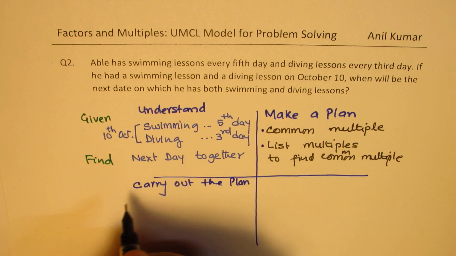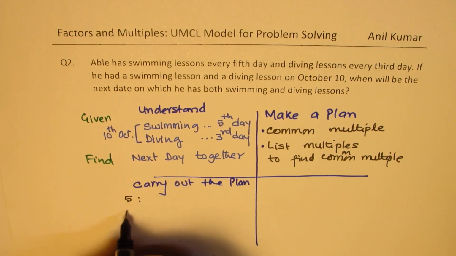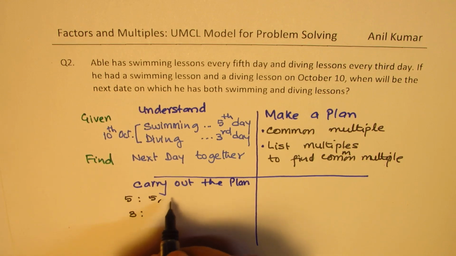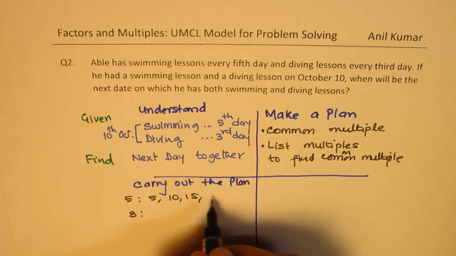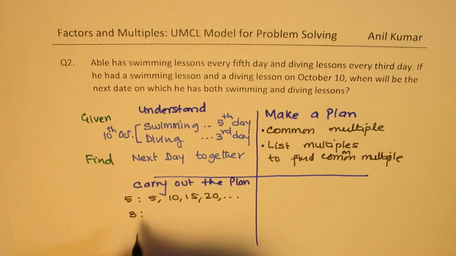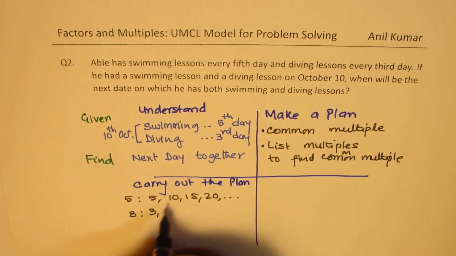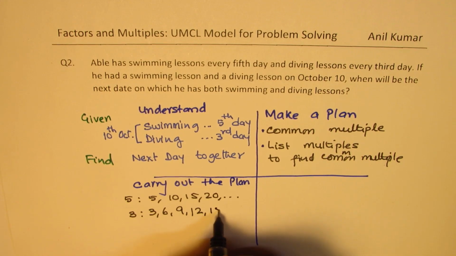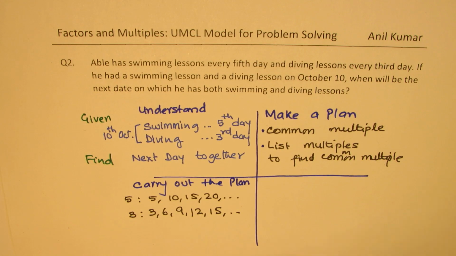So let's write down the multiples of 5 and multiples of 3. Multiples of 5 are 5, 10, 15, 20 and so on, and for 3 are 3, which is not common, 6, 9, 12, 15. Well, we got 15, so we can stop here.